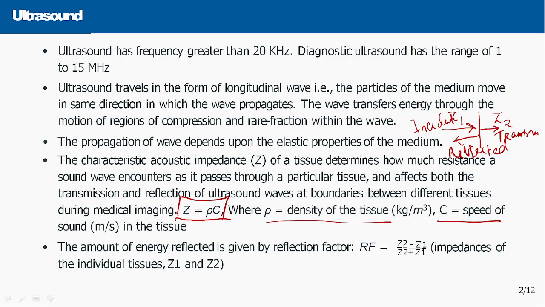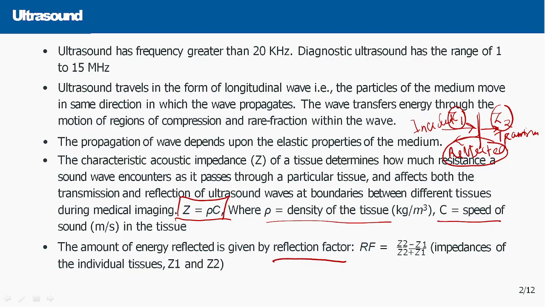Among them we can have a relation, because how much wave or how much energy has been reflected at the interface of these two mediums having impedances Z1 and Z2 can be calculated using this formula, and that is defined as the reflection factor. The amount of energy reflected is given by the reflection factor.